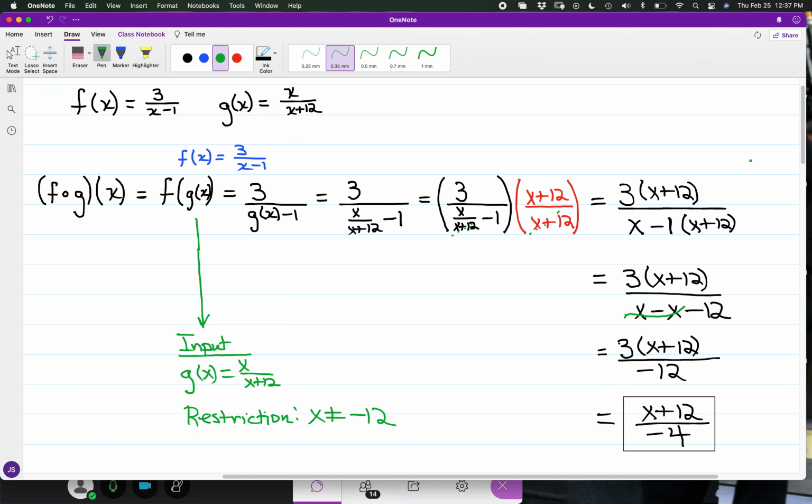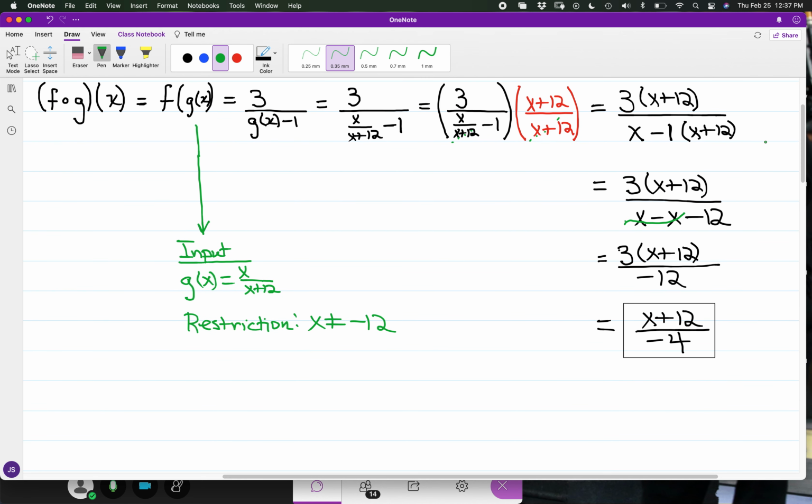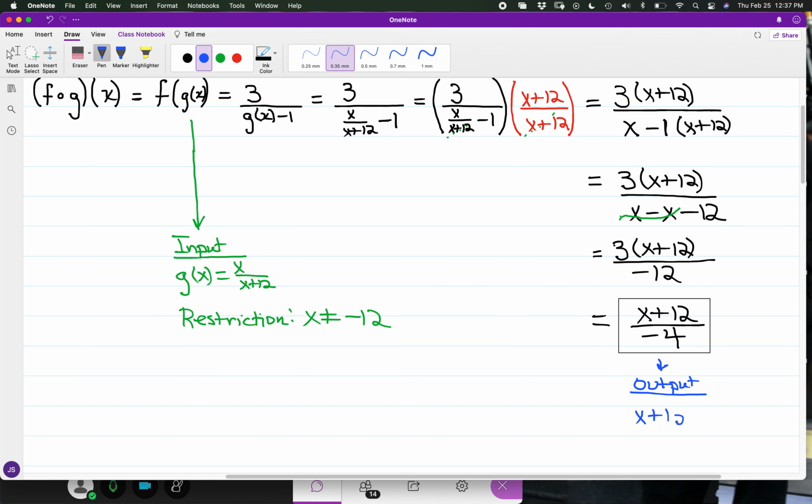Okay. Now, in the case of the output, again, we have x plus 12 over -4. The only place where we have the variable term to exist is in the numerator. Now, we do have a fraction, but we have a non-zero valued denominator.